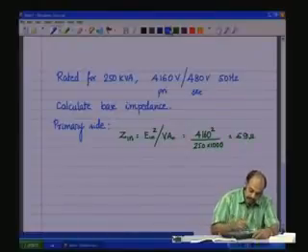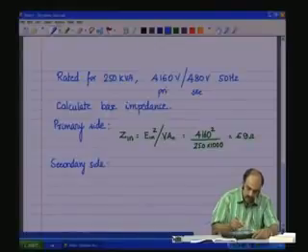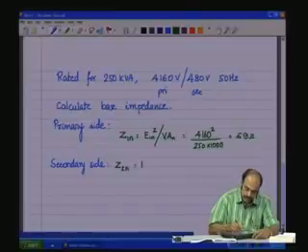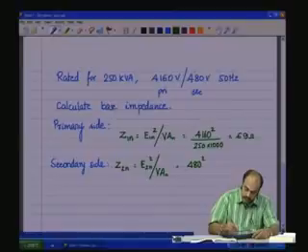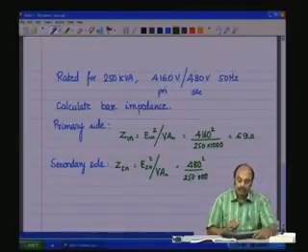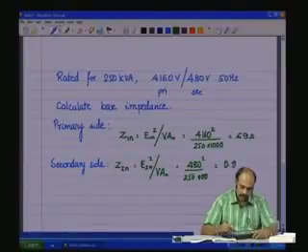Now, for the secondary side, the base impedance Z2n is secondary nominal voltage square by VA nominal, which is 480 square by 250 kilo VA, which is around 0.92 ohms.